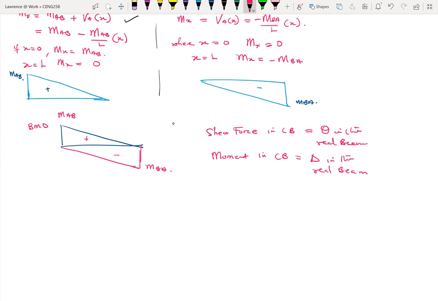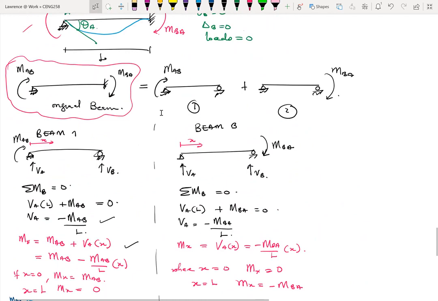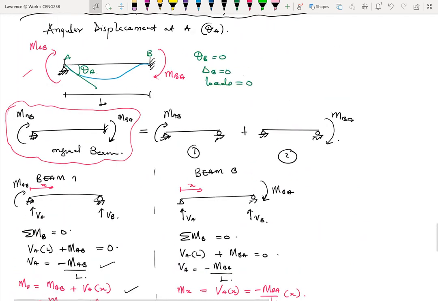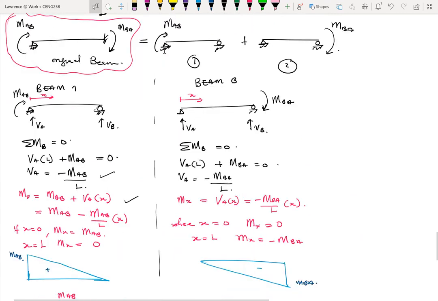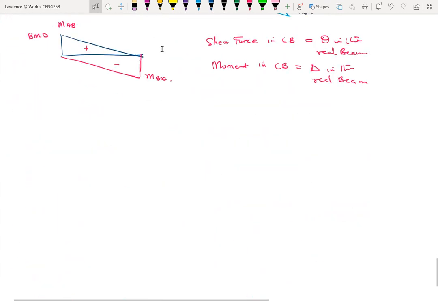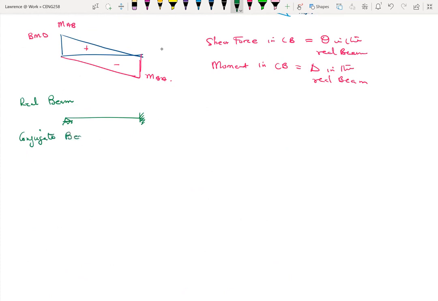So now let's look at the conjugate beam. Okay. This is how the real beam looked like. It had a pin support at A and then a fixed support at B. Okay. So if your real beam looked like this, so this is our real beam, then it means that our conjugate beam will look this way.